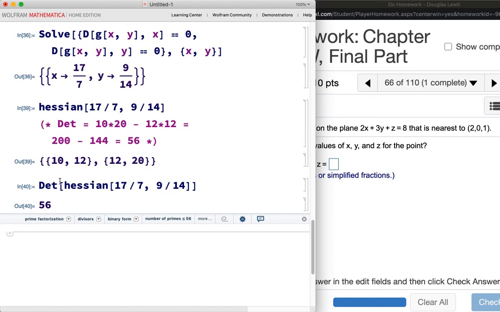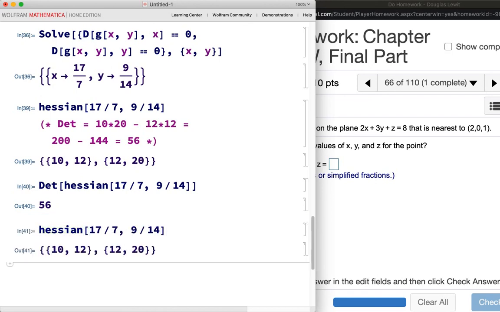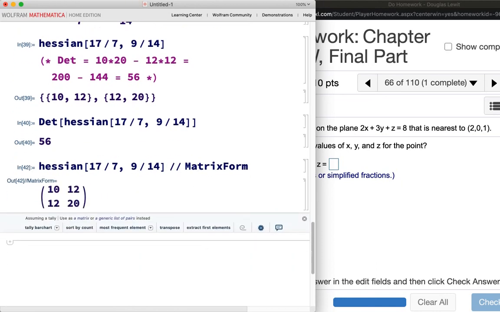And don't forget, if I look at the Hessian matrix for these values, I can see that fxx is equal to 10, and fyy is equal to 20.